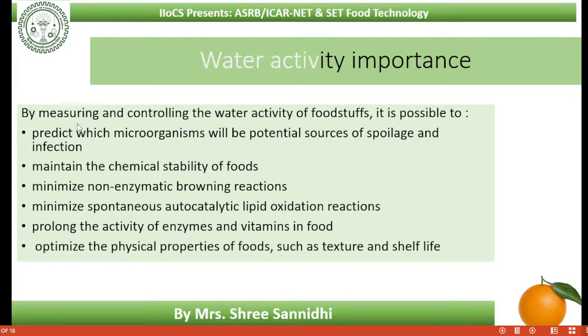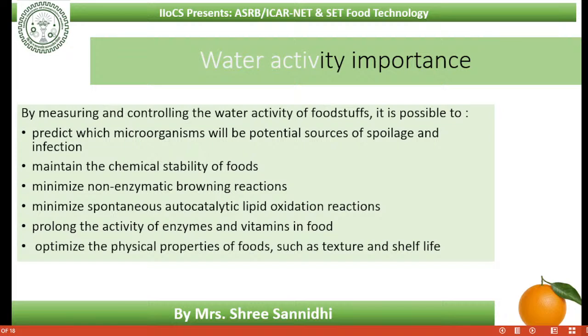So we can predict the growth of a particular microorganism in different water activity. Then it will also help to know and to maintain the chemical stability of foods, and it will also help to minimize non-enzymatic browning reactions.